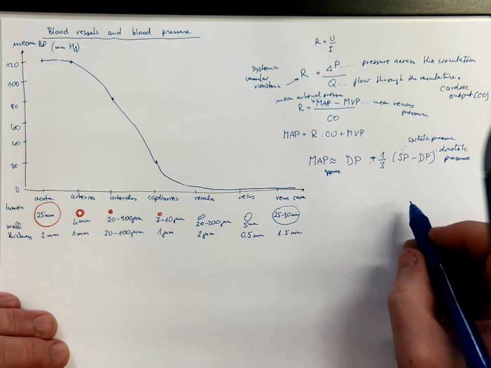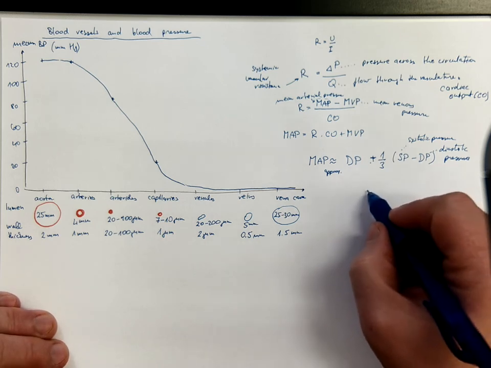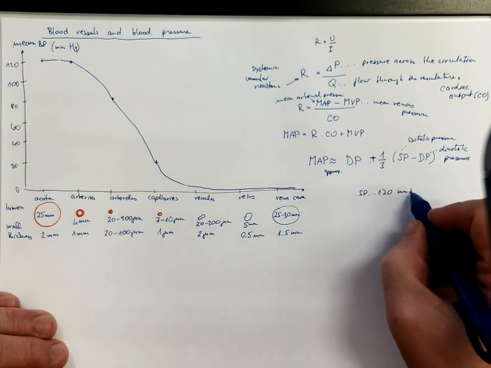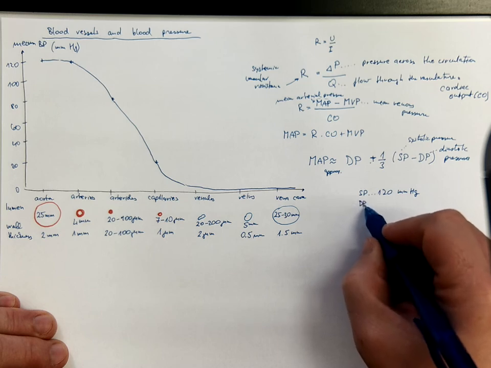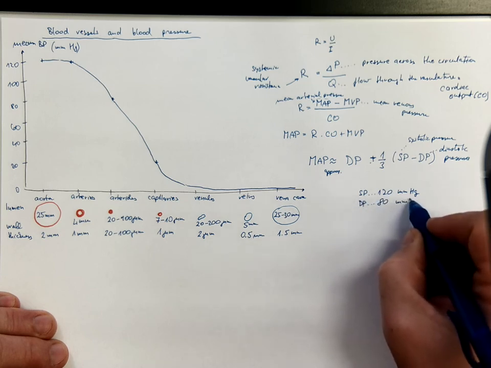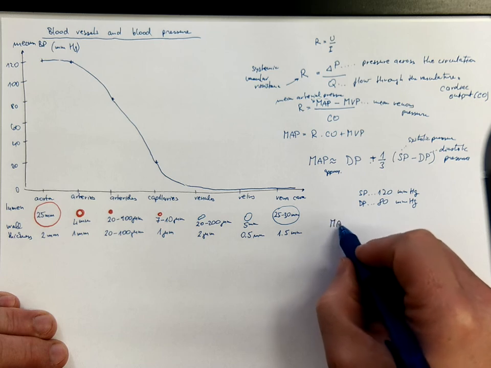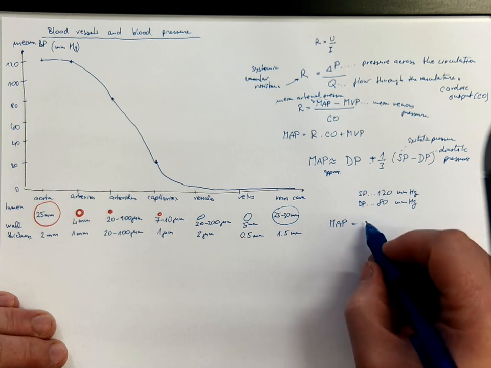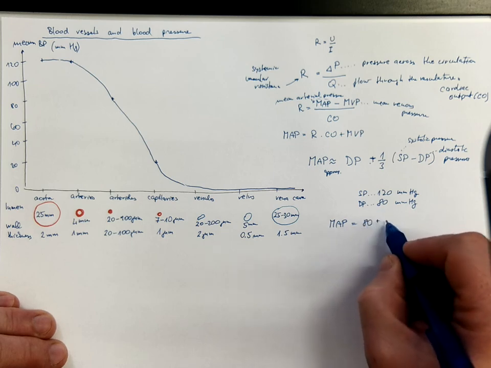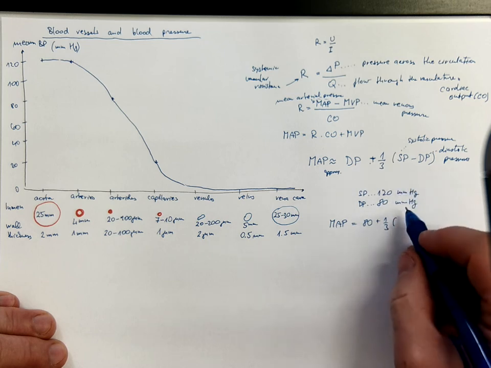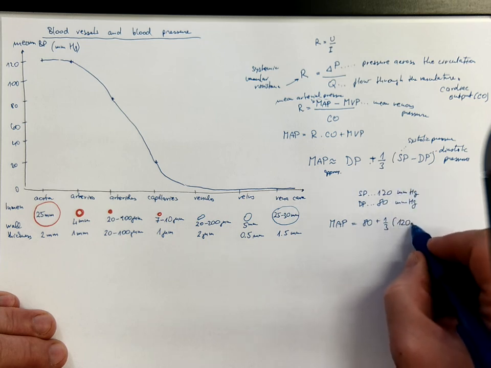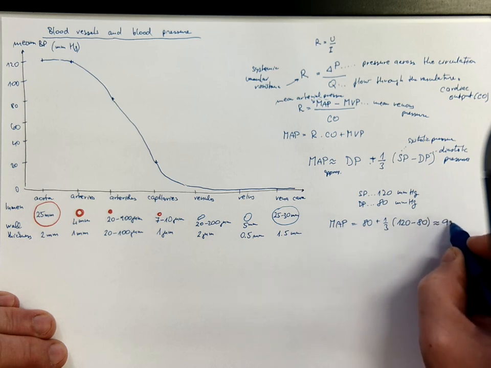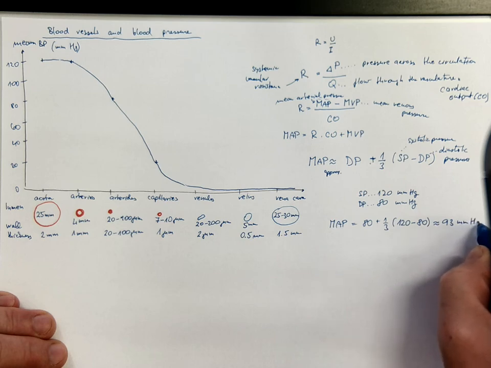So, as an example, for a person with a systolic pressure of 120 millimeters of mercury and diastolic pressure 80 millimeters of mercury, the mean arterial pressure would be diastolic, that's 80, plus 1/3 of the pressure difference, systolic minus diastolic, and that would be approximately 93 millimeters of mercury.